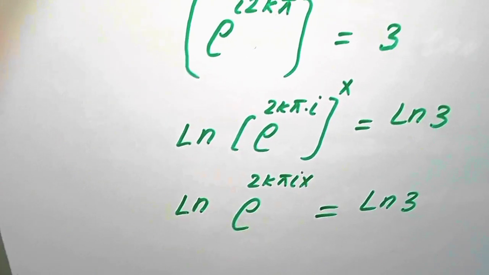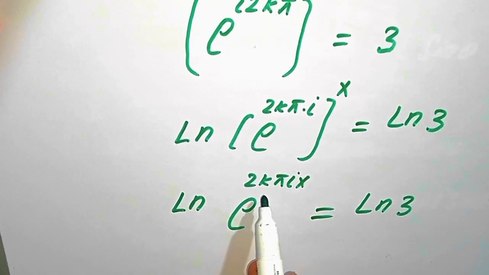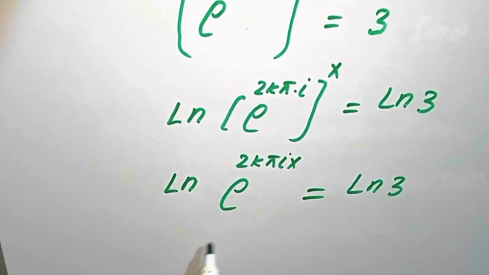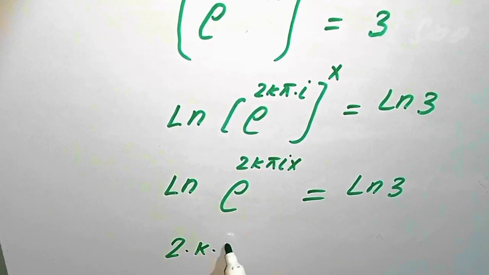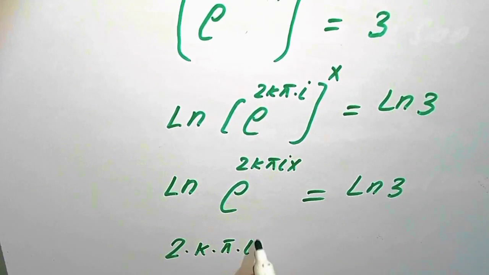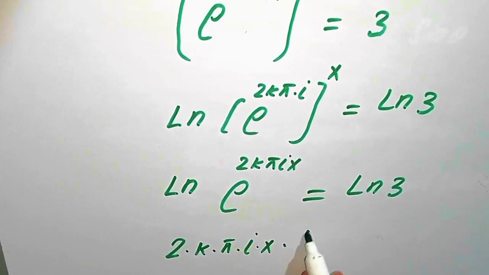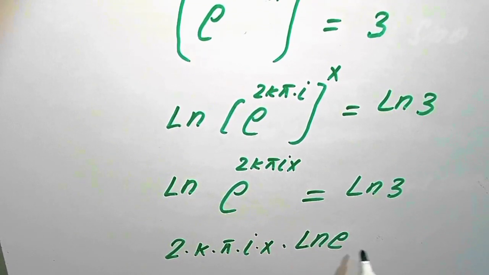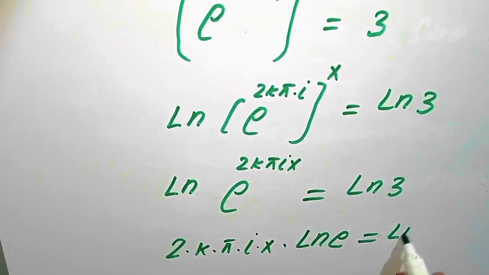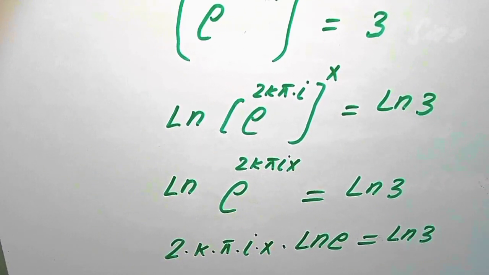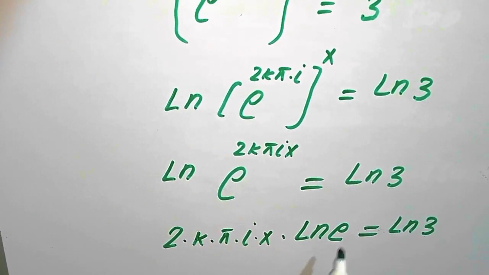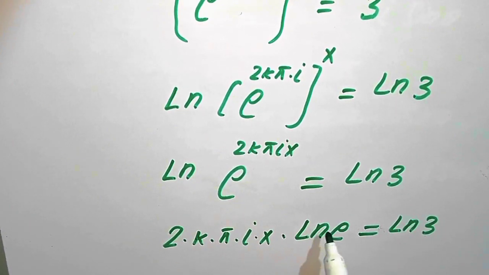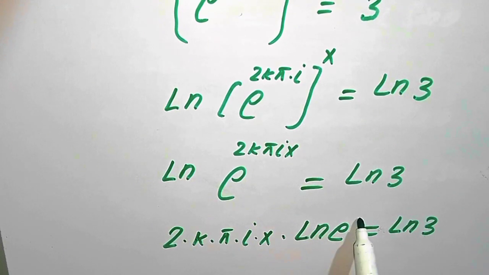On the next step, we know that the terms in power form come to the start. So this becomes 2 k pi iota x times the natural log of e is equal to ln 3. Now this ln cancels with this e.